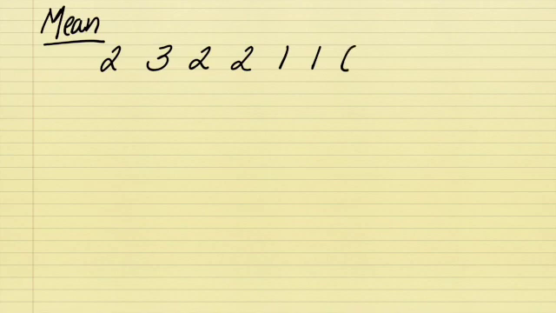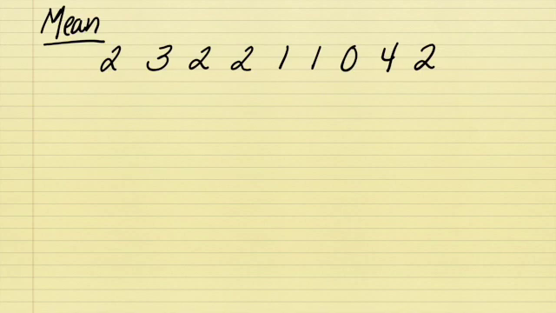All right, and these are going to be our responses: 2, 3, 2, 2, 1, 1, 0, 4, 2. And we're going to go ahead and work with this set of data for the next few examples that we're talking about here, okay?